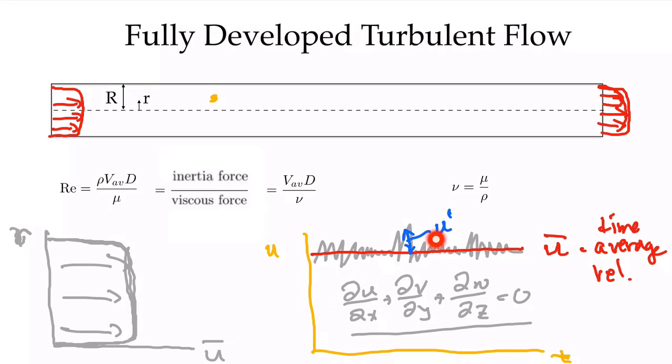If this is changing in time, we must have corresponding changes in time in the v and w components of momentum in order to always conserve mass, because these terms always have to add up to 0 or we're not conserving mass. And so the fact that there's a fluctuation in the u component of the velocity means there has to be corresponding fluctuations in the v and w.